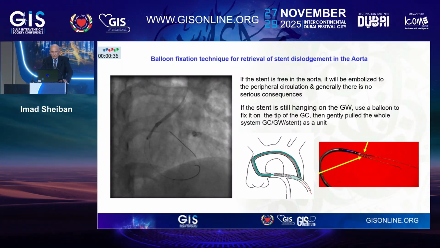And finally, balloon fixation in migration of the stent. There are many ways to do that, by snaring or by crossing the stent with a wire, inflating a small balloon distally, and retrieving the balloon and stent together.